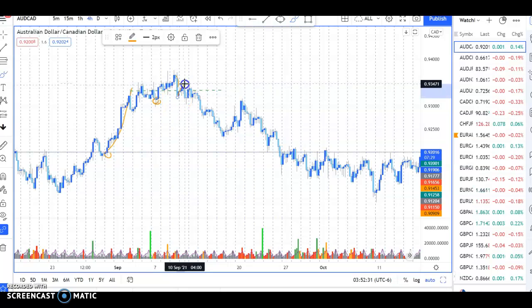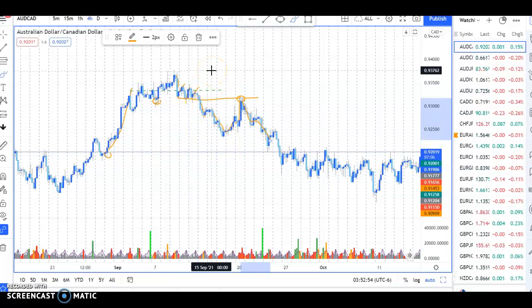This buyer attempted once, attempted twice, and potentially attempted 3 times, and then got taken out right here. So we're looking for price to come back to this area, and it does eventually come back and reacts. So this possibly would be a B type.